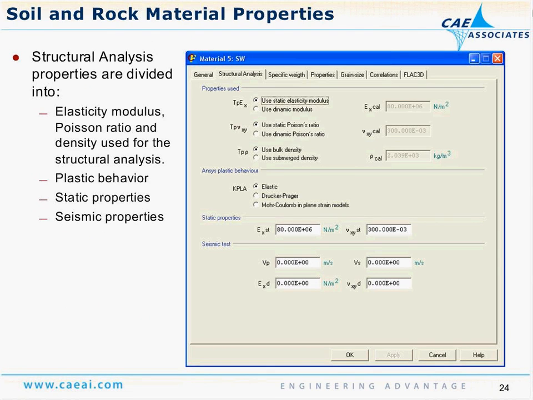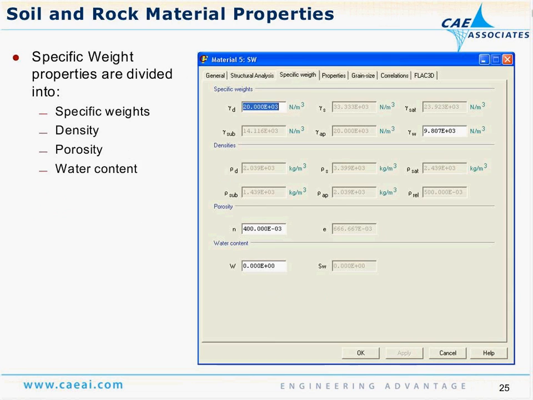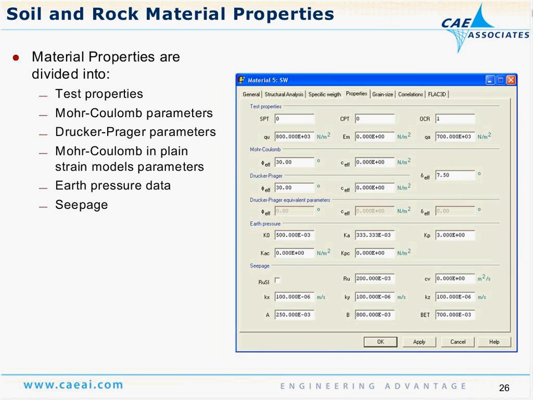So I'm not going to go through the details of each of these, but just on your screen you'll see a couple different options. Here's the structural analysis simulations, and you can see that in some of the areas the modulus is grayed out because it comes from some other internal calculation. Specific weights, densities, porosity, water content, some of these items are things you can fill in, or they're calculated from one of the other fields.